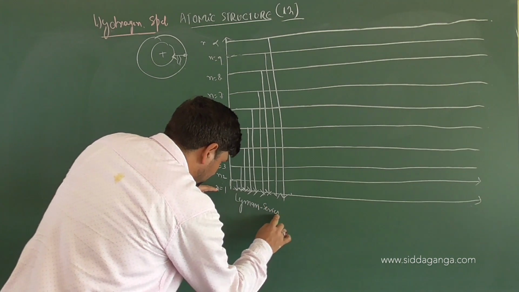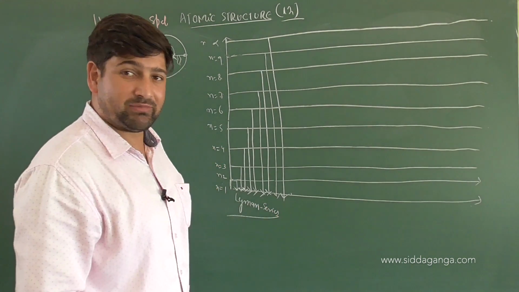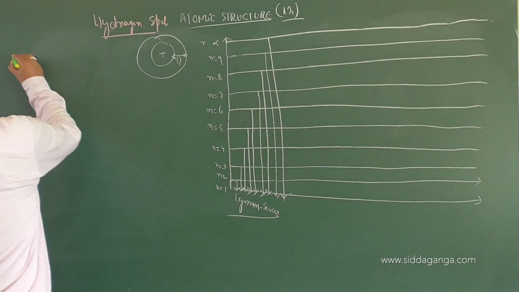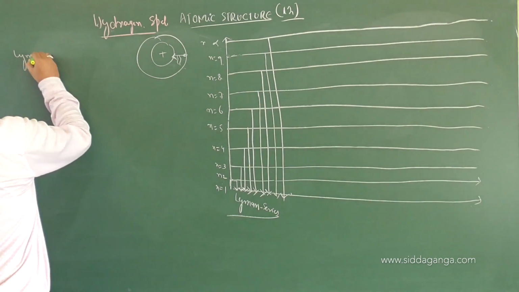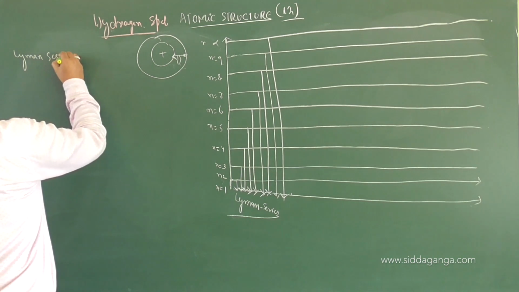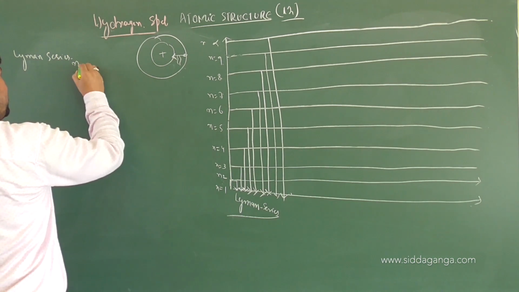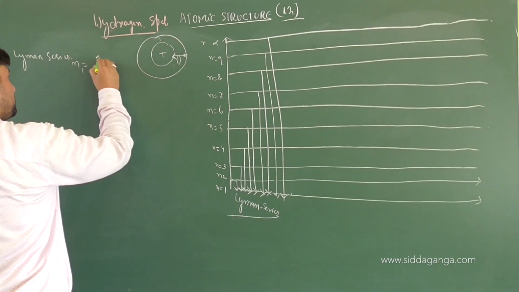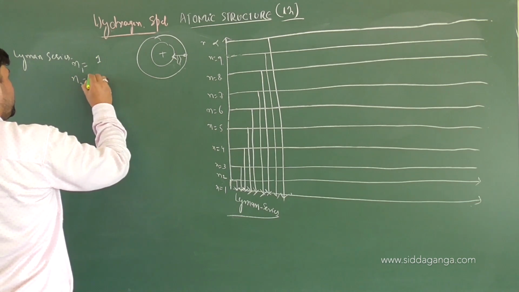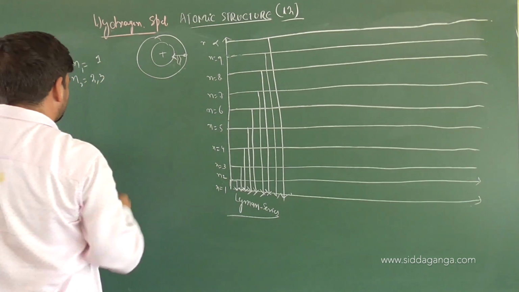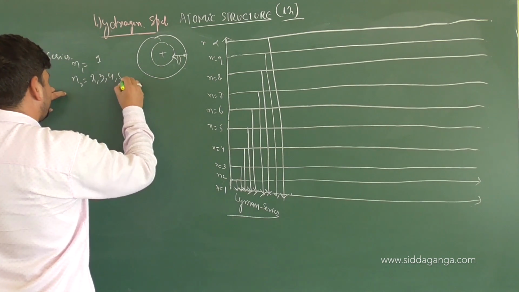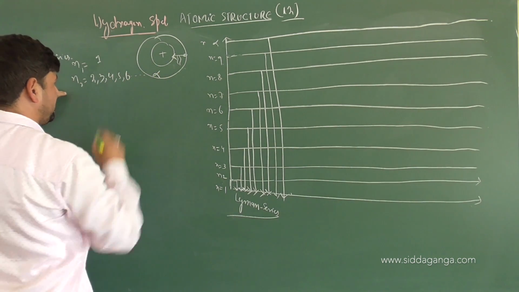What do we call this? Lyman series. So for the Lyman series, children, the ground state N1, that is N initial, is 1, and what is N2? It can be more than 1: 2, 3, 4, 5, 6, up to infinity.